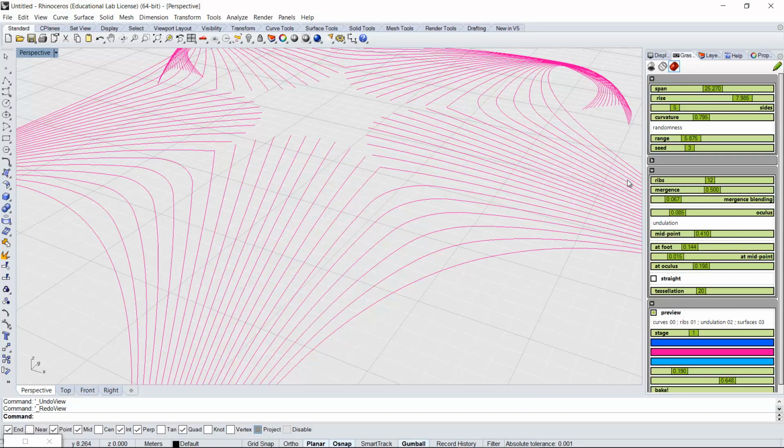For example, if we turn the mergence to 0%, no curves are linked to their adjacent counterparts, and as we increase it, we notice the mergence starting to appear, and if we push it to 100%, now all the curves are merged to their adjacent counterparts. We'll leave it at about 50% or something like that. And then there is a controller for the opening at the top of the vault.